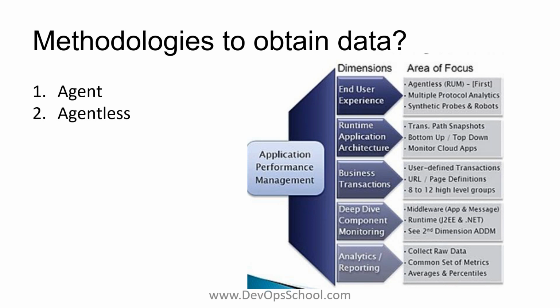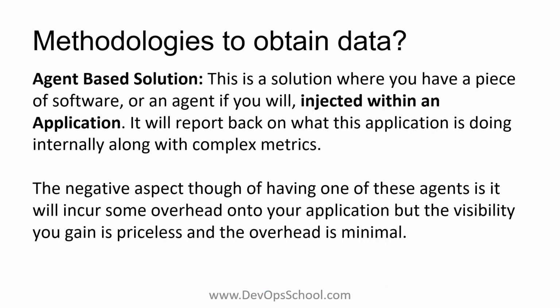So there are two ways to do APM, agent and agentless. Agent means what? With APM, remember that you are trying to identify the performance of your applications. When you talk about the agent, you have to install the agent inside your application. I repeat, inside your applications.